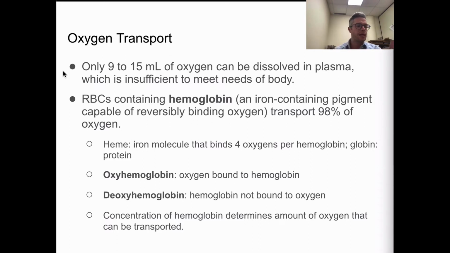We've developed this great thing, a red blood cell, that is able to pull in, attract, and hold on to oxygen within it and disperse it as we get to different parts of the body that need it. And that's what we'll be looking at today, and how that happens.